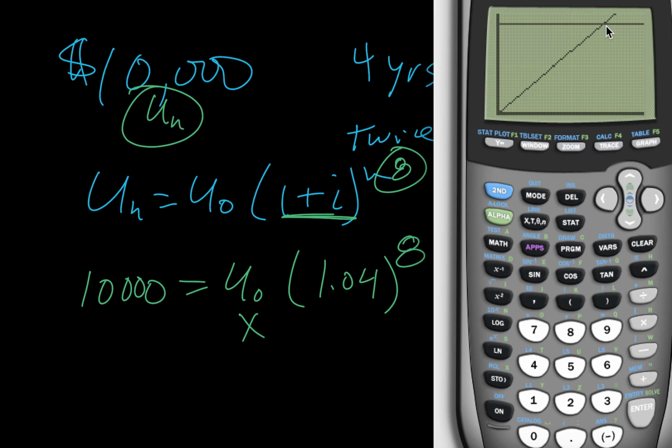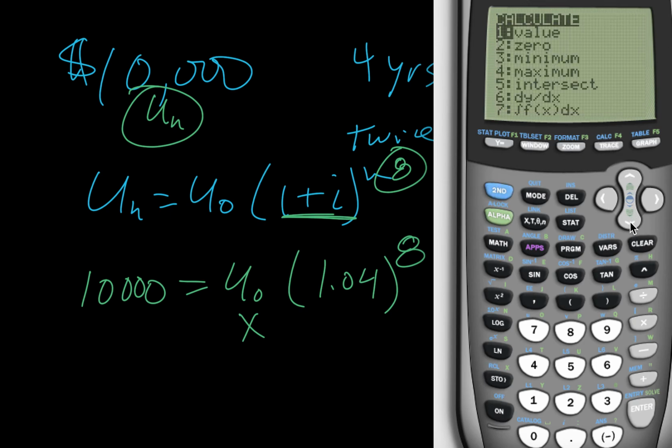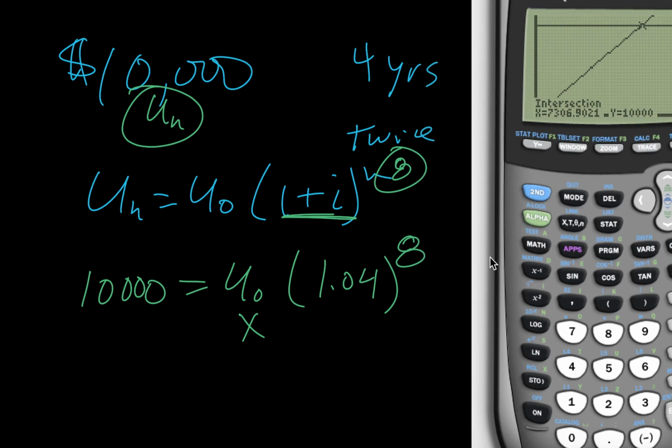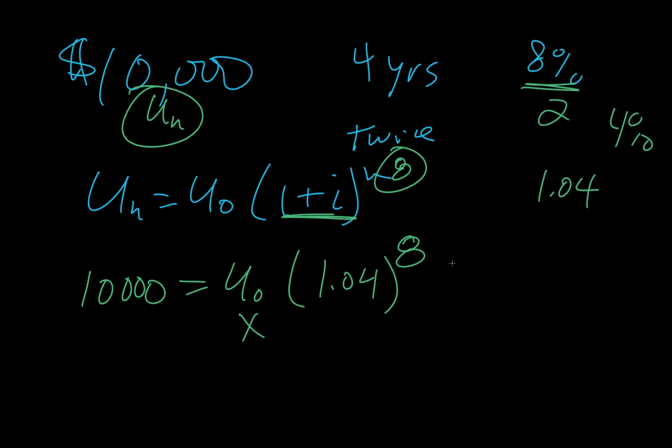we actually could have done this algebraically, I just realized. That's okay though. So we're going to go second calc, go down to intersect, first curve, second curve, then we're going to guess where they cross, right there, and it says 7306.9, so we'll say 7307.